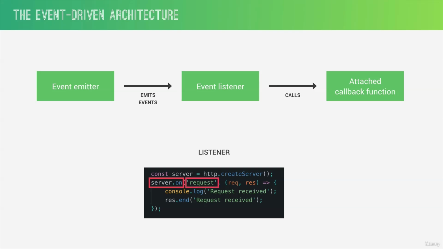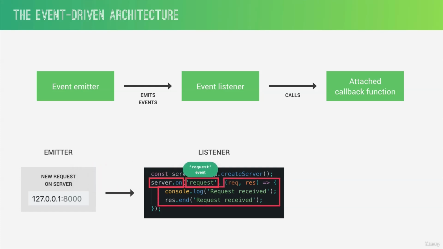So let's say we have our server running and a new request is made. The server acts as an emitter and will automatically emit an event called request each time that a request hits the server. Simple, right? Then, since we already have a listener set up for this exact event, the callback function that we attached to this listener will automatically be called. And this kind of function we already know from before. It will simply send some data back to the client.